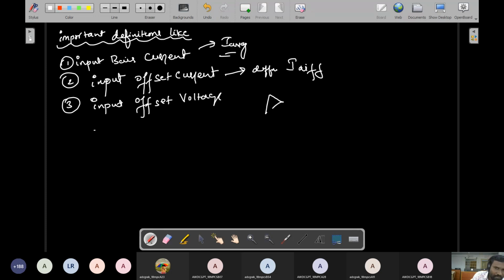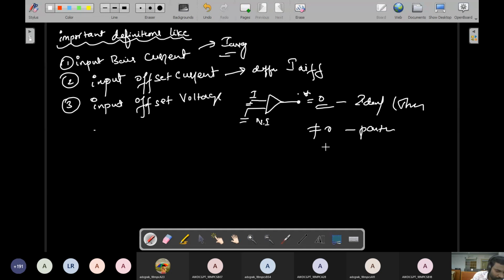If you have an operational amplifier with an inverting terminal and a non-inverting terminal, and both terminals are grounded, then the output voltage is zero. But that is the ideal, theoretical case. In a practical situation, the output voltage is not equal to zero; it shows some small voltage, approximately equal to ground voltage.